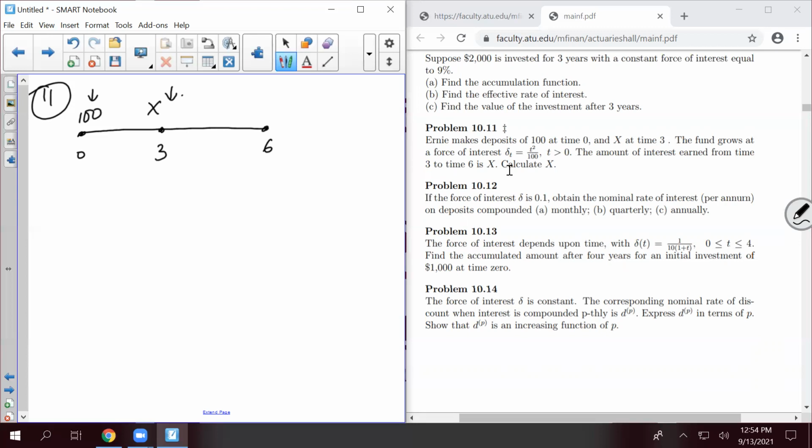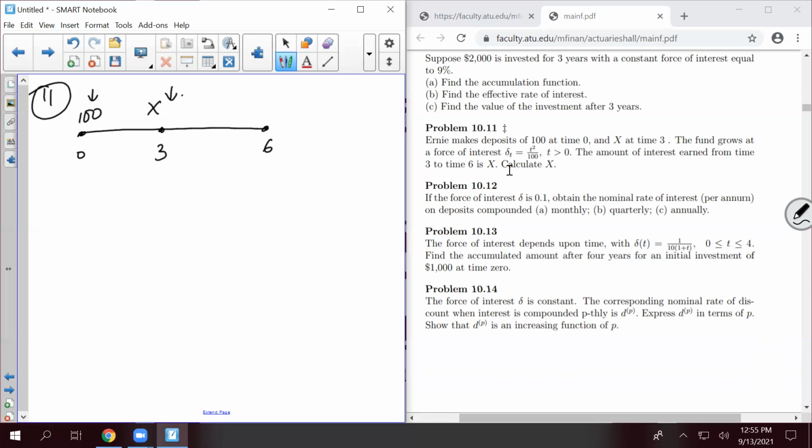The amount of interest earned from time 3 to time 6 is X. So normally, how would you calculate the amount of interest between 3 and 6? Effective amount. Shouldn't it be the amount at time 6 minus the amount at time 3? That difference will be the interest you gain from 3 to 6, right?